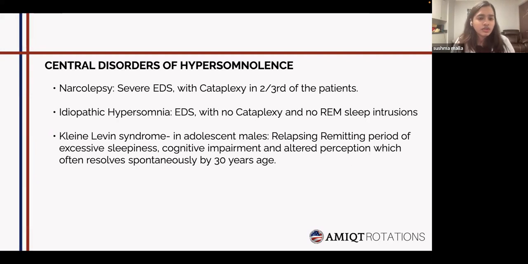But type 2 does not have cataplexy as commonly as type 1, and usually it is said not to have it. But rapid eye movement phase abnormalities are common in both type 1 and type 2. And idiopathic hypersomnia has excessive daytime sleepiness with no cataplexy and no rapid eye movement sleep intrusions.